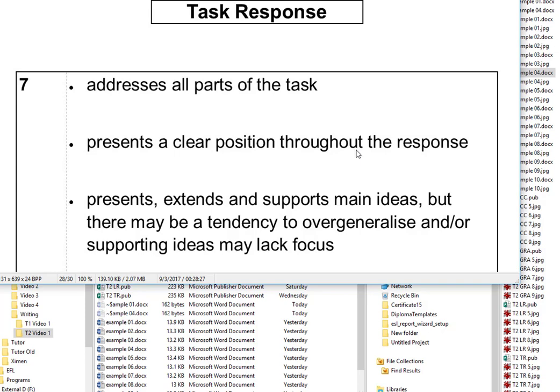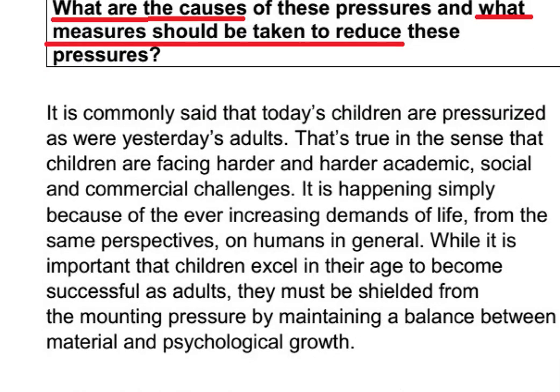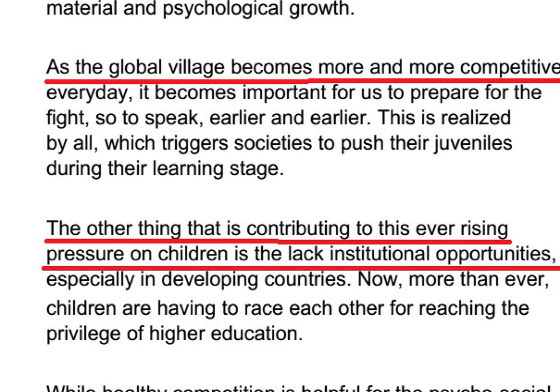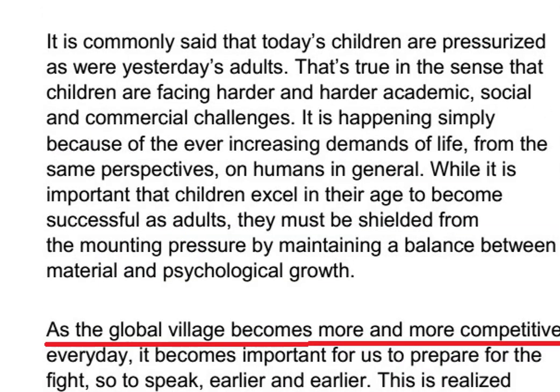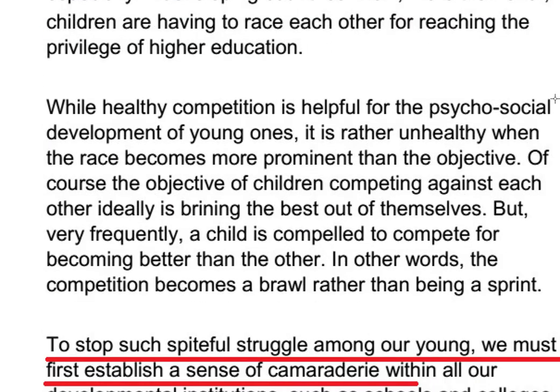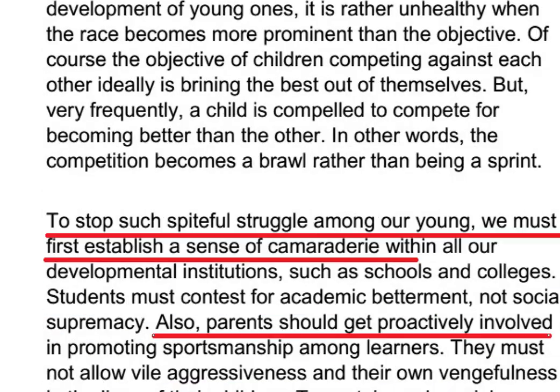Presents a clear position throughout the response. Well, was this position clear? There's a lot of irrelevant information in here. And the topic of this paragraph is not directly related to the prompt.